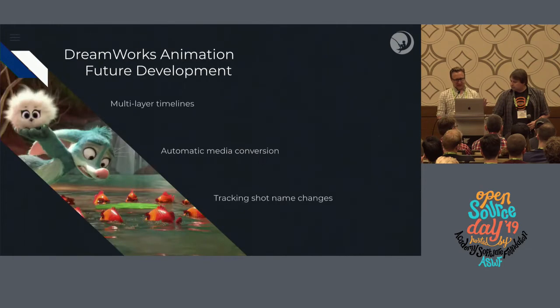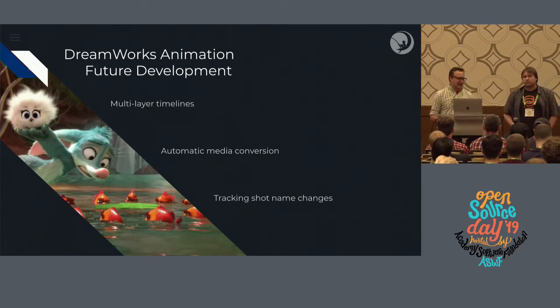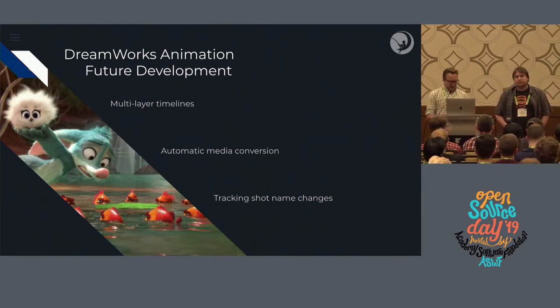So last but not least, things that we're working on for the future. Our next big thing is going to be multi-layer timelines, like the ability to do stacks and things like that live in the timeline. It would allow us to express much richer multiple shot transitions and picture-in-picture.